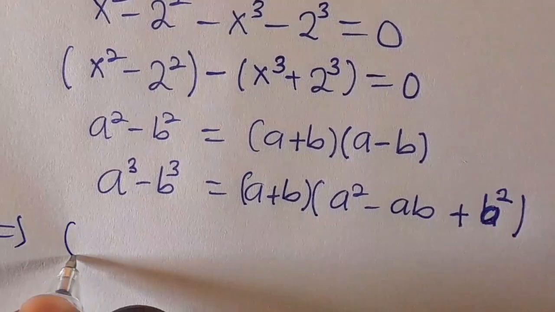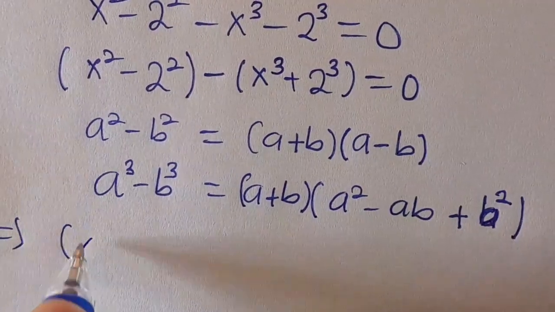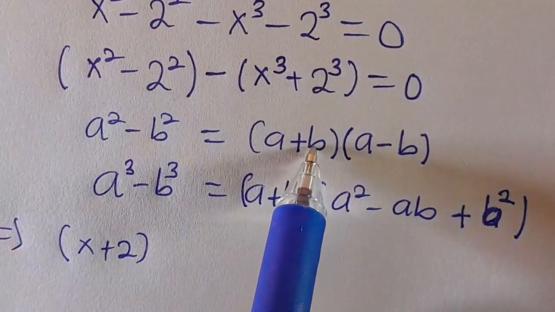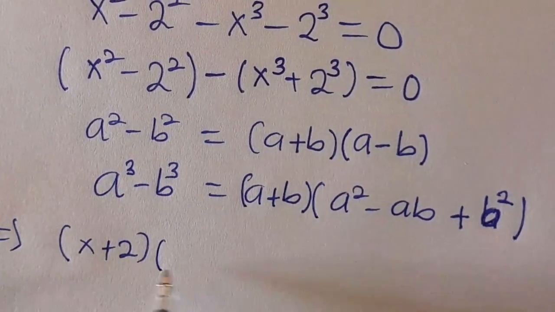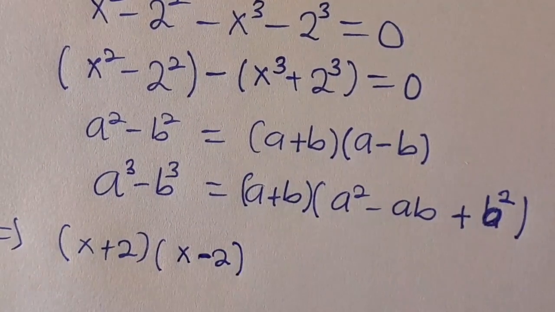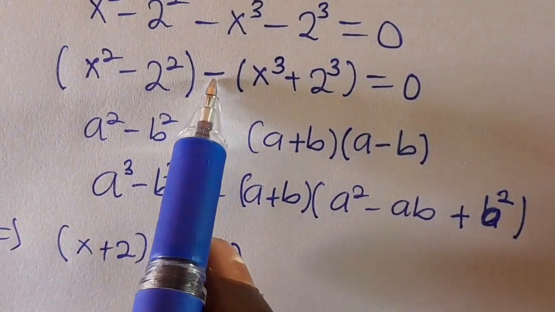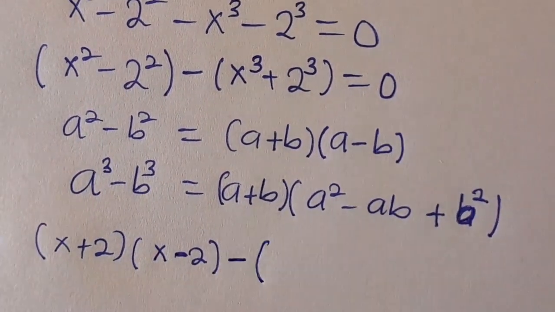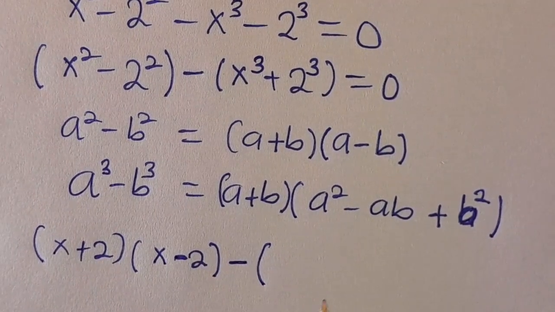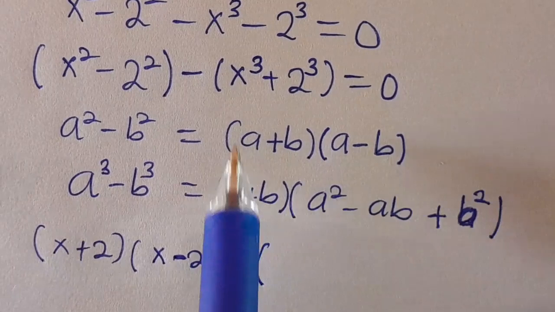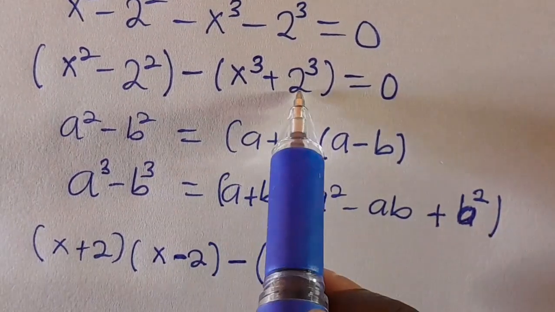this to be, for the first one, x plus 2. Our a here is x, then our b equals 2. Then we have this to be x minus 2. Mind you that we have minus here, so we are going to have here to be minus, then open brackets. For the first one here, we also have our a to be equal to x and our b to be equal to 2.